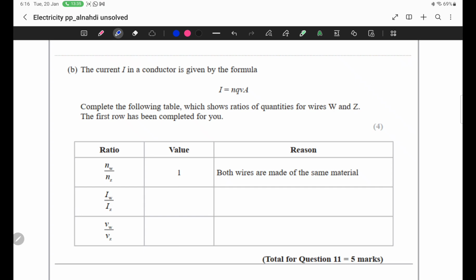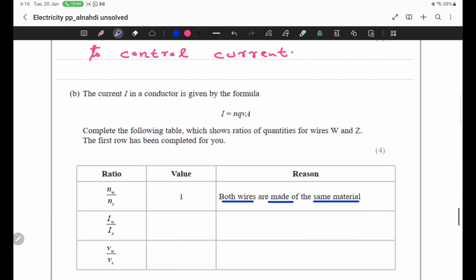And now the question is, both wires are made of same material. In the last class, I have taught you this n is called number density of charge carrier, and its value depends upon material.